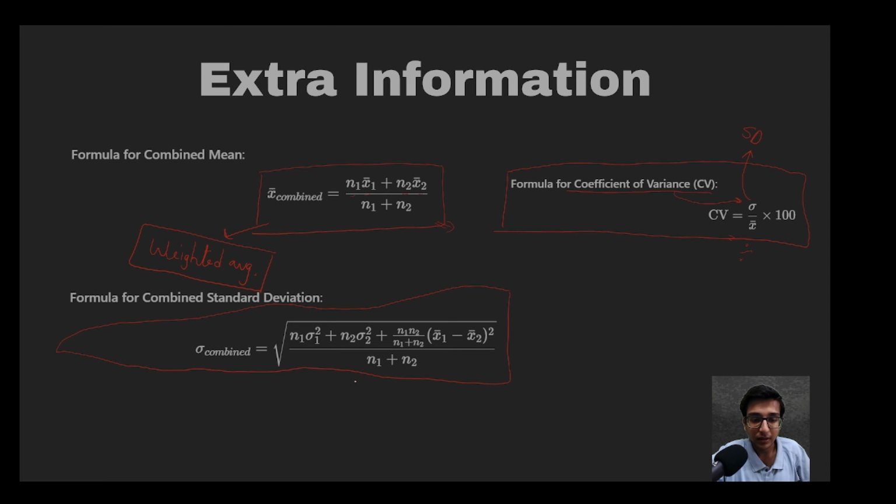Where sigma combined is n1 sigma 1 square plus n2 sigma 2 square plus n1 n2 upon n1 plus n2, x1 bar minus x2 bar whole square upon n1 plus n2. Here x1 is a mean and sigma is standard deviation. This is sigma, standard deviation.